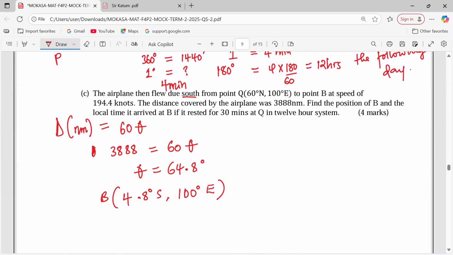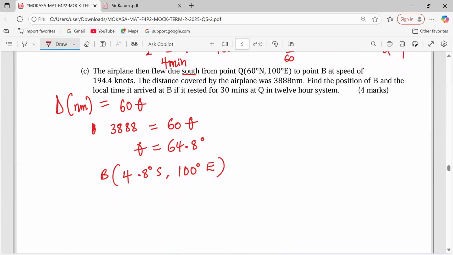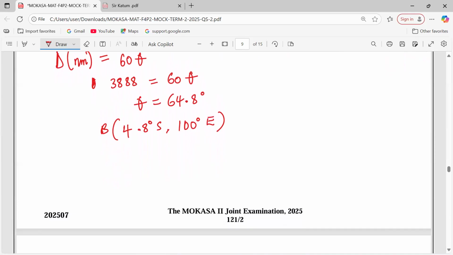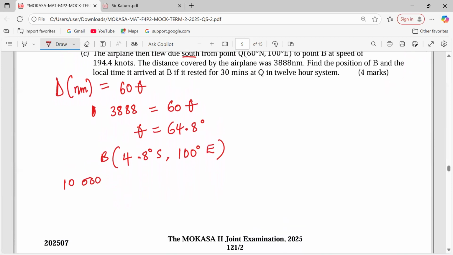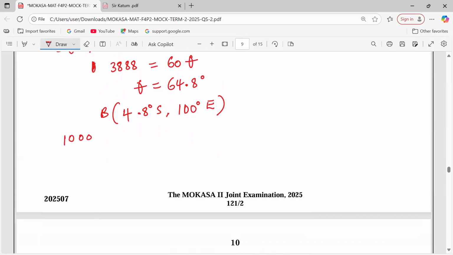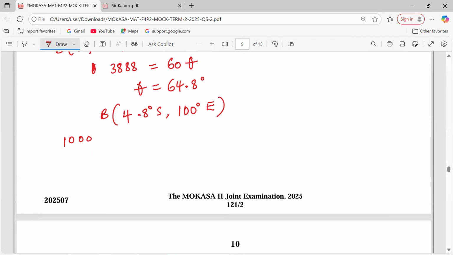What else are we finding? The local time when it arrived. Remember, it was already 10:00 hours, or 10 a.m. Then we add the 30 minutes for stoppages.